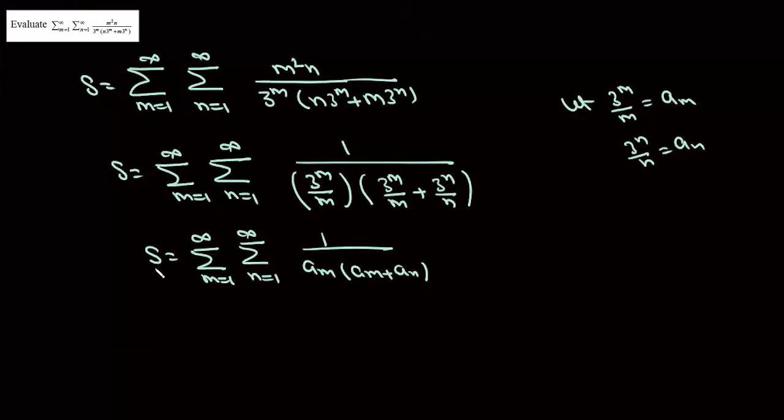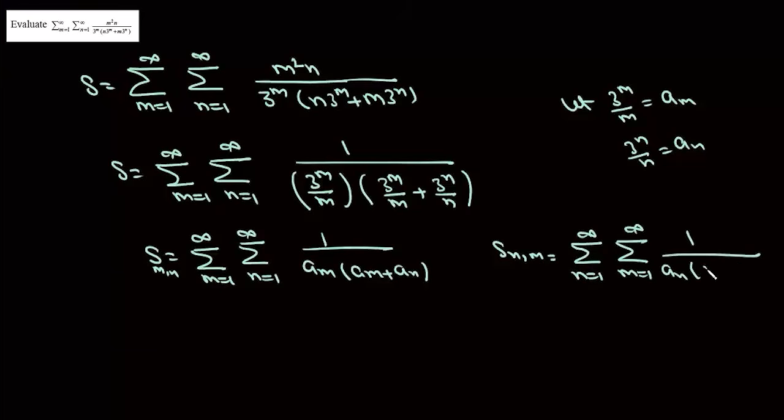Now basically we'll write this as S_mn. If we write S_nm, it will be summation n varies from 1 to infinite and summation m varies from 1 to infinite, and this is 1 upon a_n, and this is a_n plus a_m.